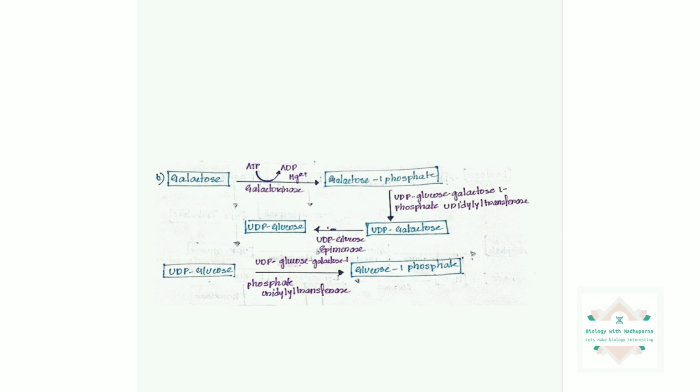So now we have glucose 1-phosphate with us. This glucose 1-phosphate will be further converted into glucose 6-phosphate with the help of the enzyme phosphoglucomutase, and then it can enter the glycolytic pathway as usual.